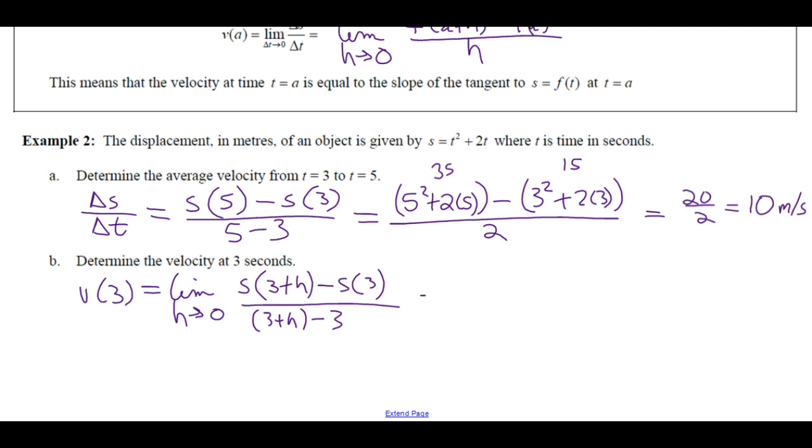Okay, so now we work these out. It's a more general formula. We're not putting 5 in for t, we're putting 3 plus h in, so we've got to square that and add 2 times t.